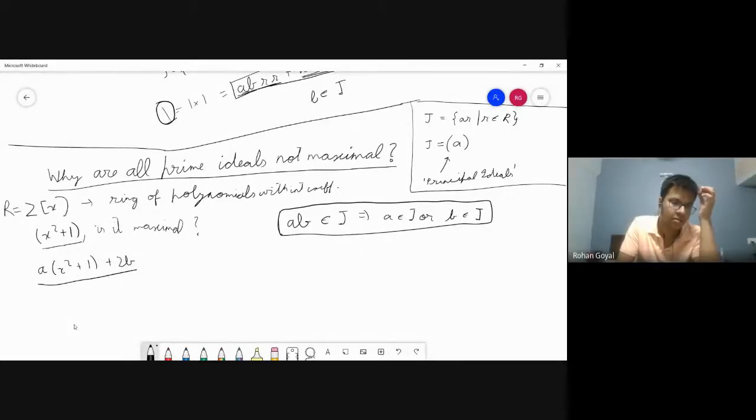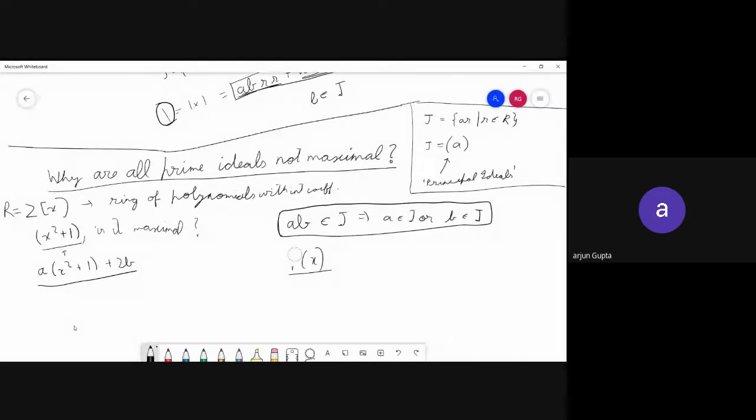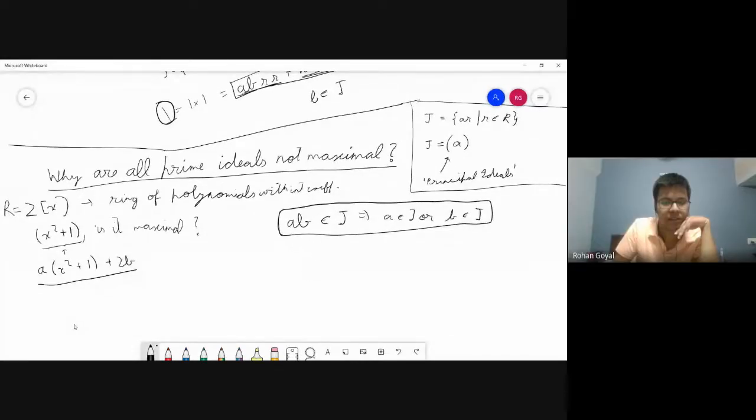Because we know that x squared plus 1 is irreducible, and if an irreducible divides... Let's say your polynomial was p(x) in Z[x], if it's in (x squared plus 1), then p(x) is a multiple of x squared plus 1. By the definition, it only includes elements of the form a times (x squared plus 1).